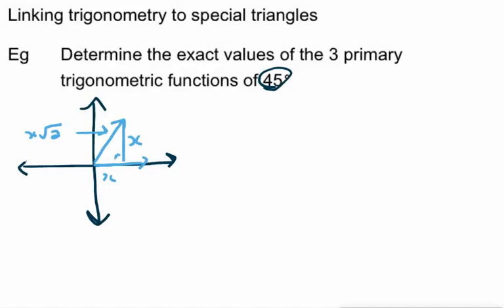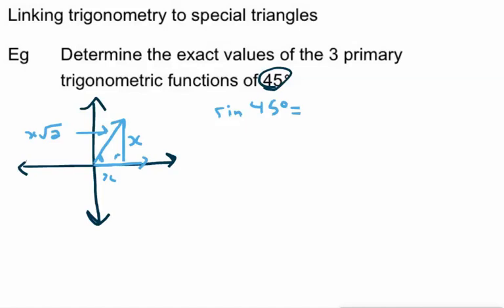Doing this, now I have all the information I need to find what sine, cosine, and tangent of 45 degrees are. Sine is opposite over hypotenuse. The opposite side, our angle, always going to be the one by the origin, always going to be the one in the middle.